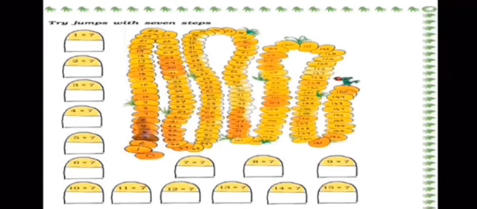Like 7 ones are 7, then 7 twos are 14, 7 threes are 21, 7 fours are 28, 7 fives are 35, 7 sixes are 42, 7 sevens are 49, 7 eights are 56, 7 nines are 63, 7 tens are 70, 7 elevens are 77, 7 twelves are 84, 7 13s are 91, 7 14s are 98, 7 15s are 105.